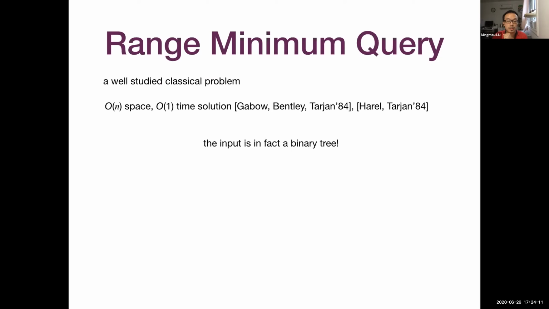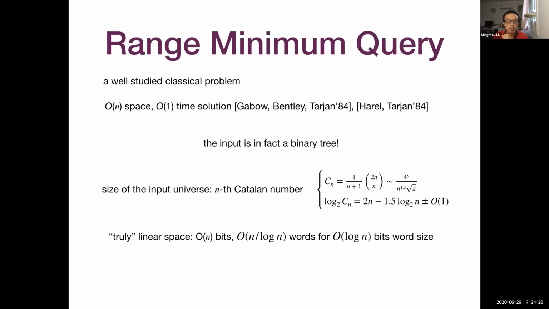RMQ has a classical textbook solution, which uses O(n) space and constant time. But the input is in fact a binary tree, so the size of the input universe is a Catalan number. The logarithm of the nth Catalan number is 2n minus O(log n). Therefore, truly linear space should be O(n) bits, using O(n / log n) words if the word size is log n.